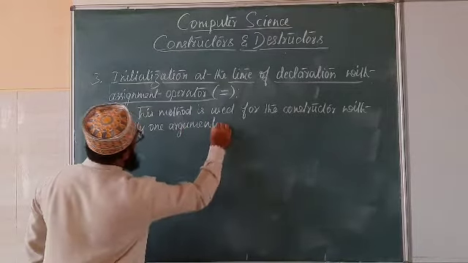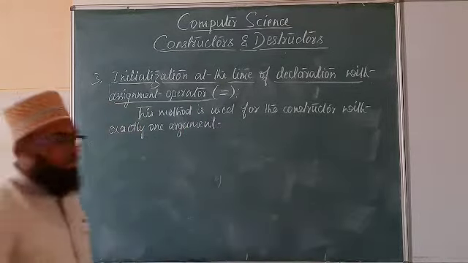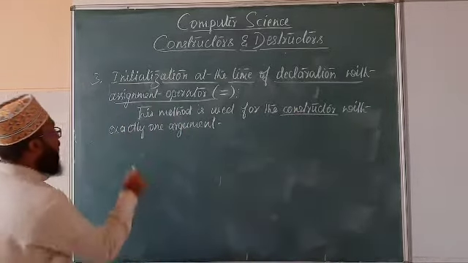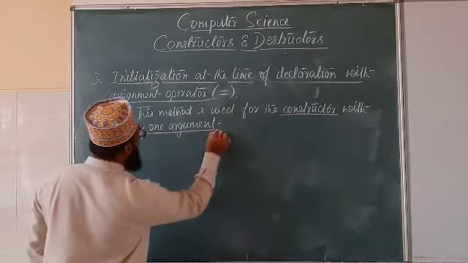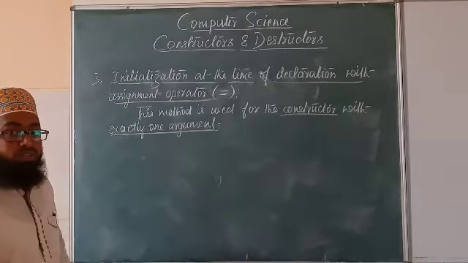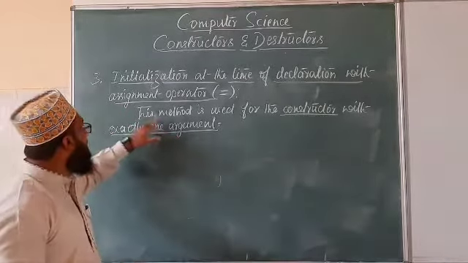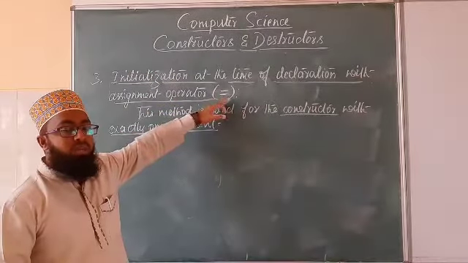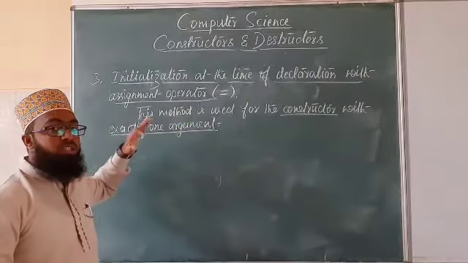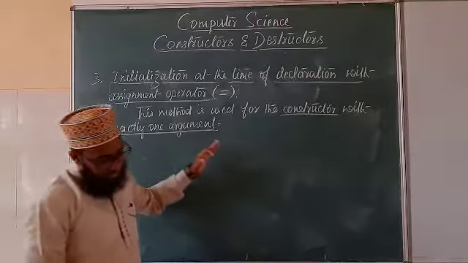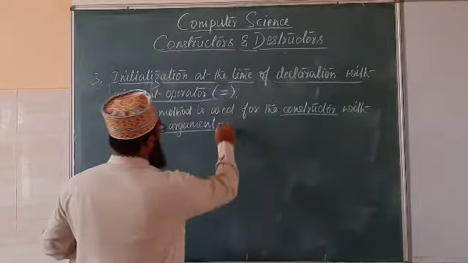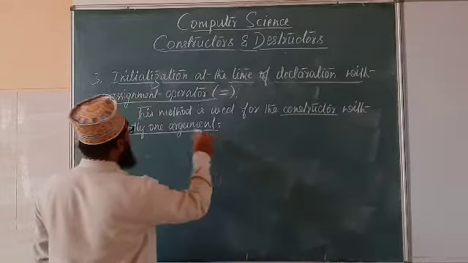Okay, if any constructor that is having only exactly one argument, for this type of constructor initialization of declaration with assignment operator is used. And then, okay, here in this method, write pointers.